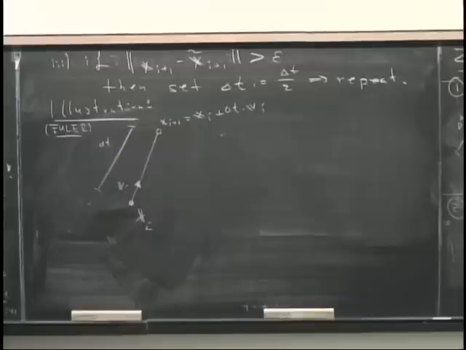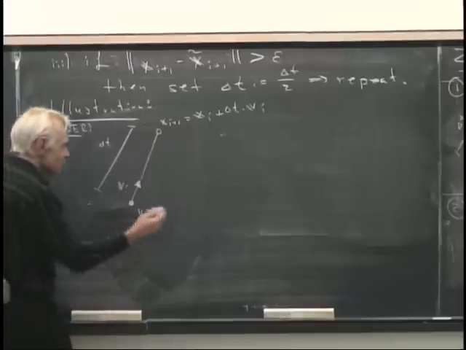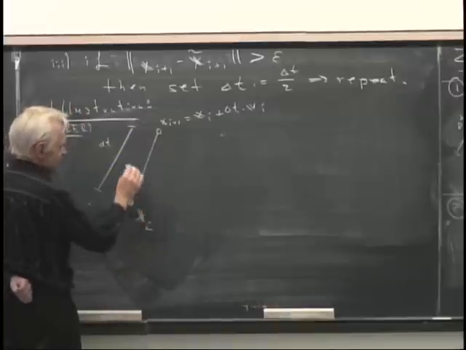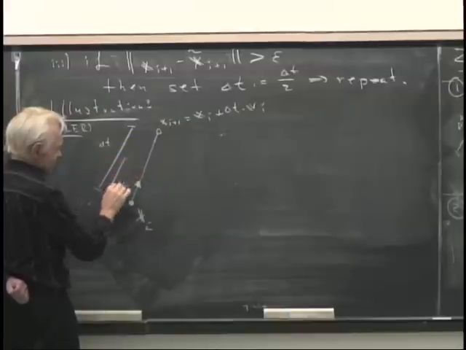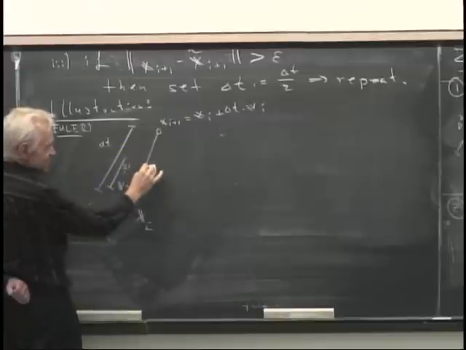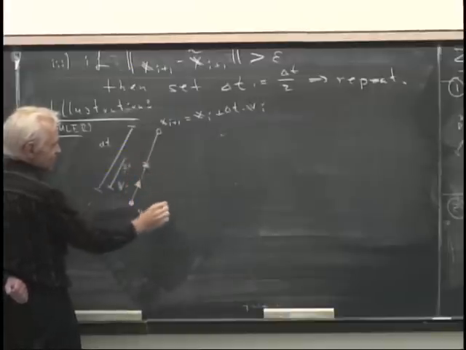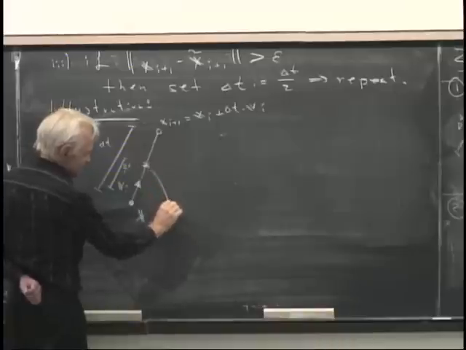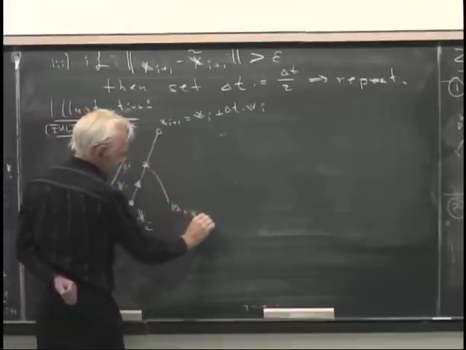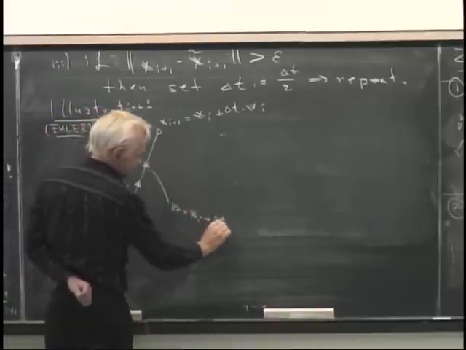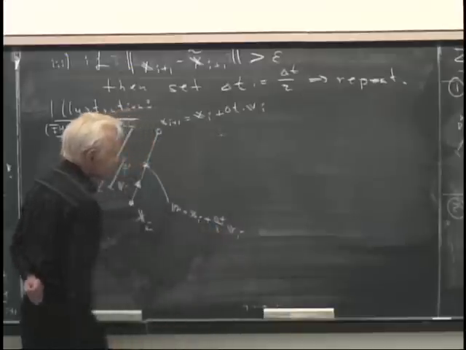And now I want to do 2 hops to get to my next point. Now I just use delta t over 2 as a time step, delta t over 2 in this direction, so I end up here. And now you get this m point. M is xi plus delta t over 2 times the velocity at the beginning.